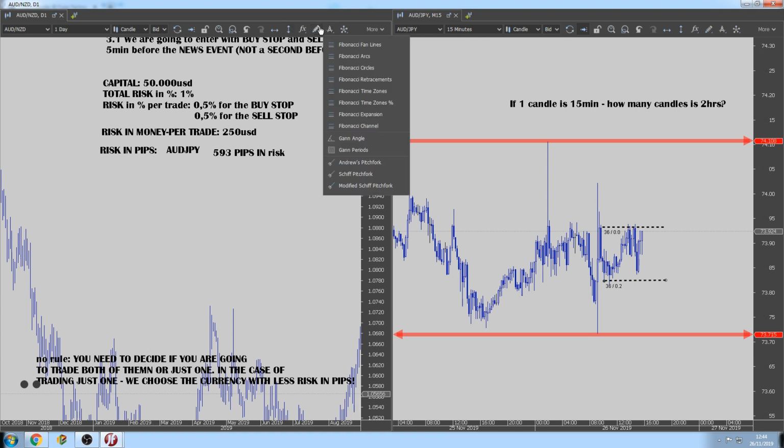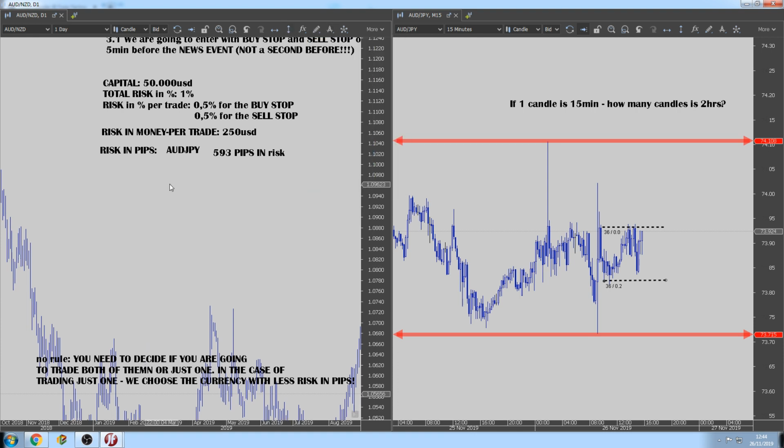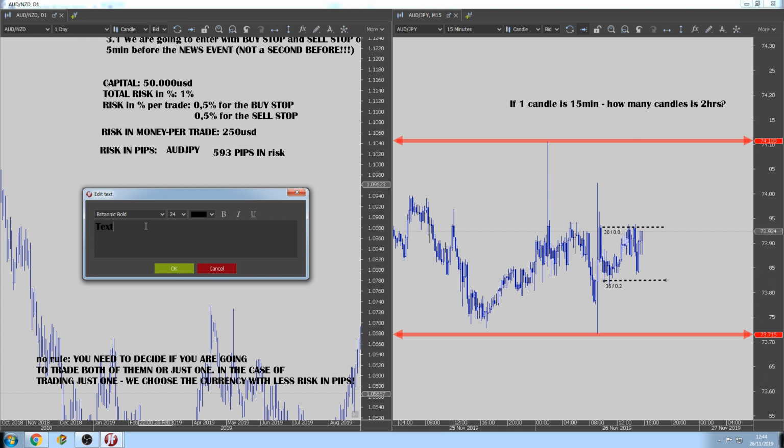Now the last step, everybody, is the volume, the lots. So how much volume? I need to integrate $250 inside the 593 pips.